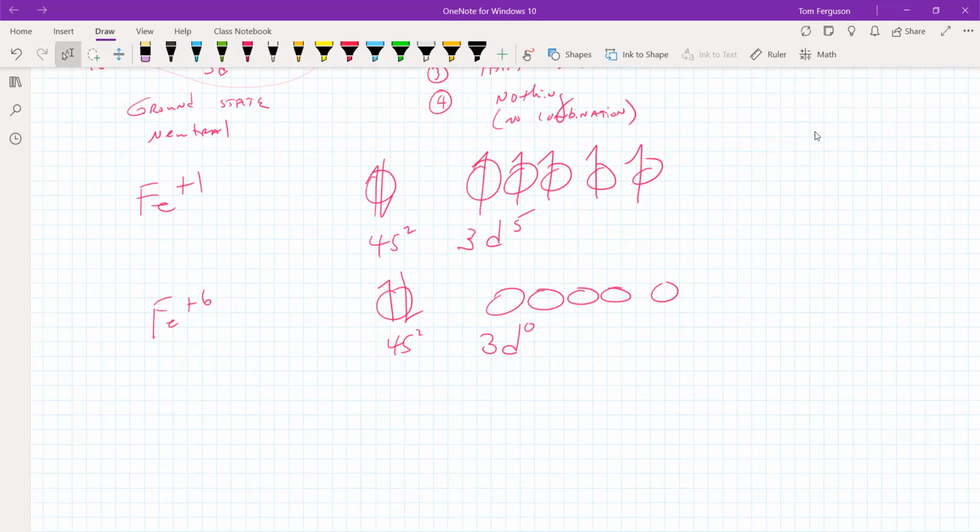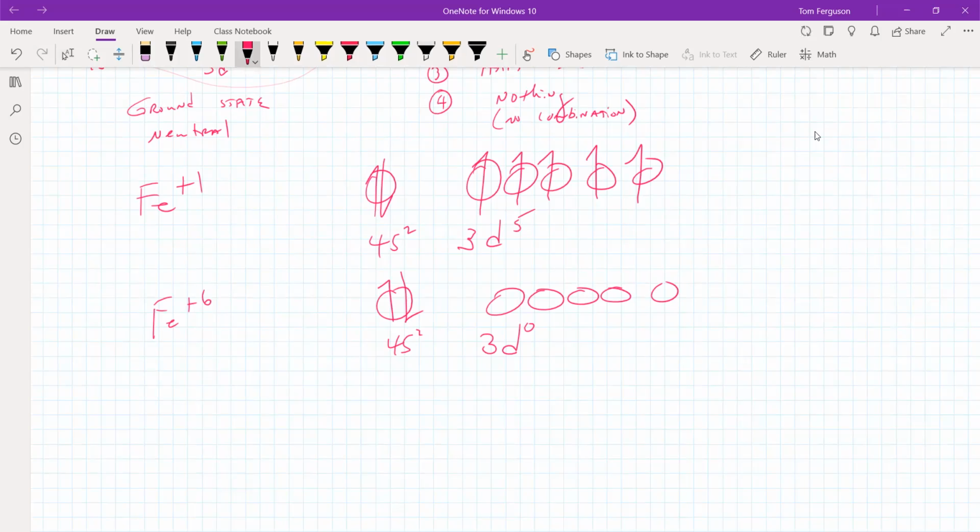What else? Yeah, -4, where you basically just fill in all the shells. Oh, I thought you said -1. No, I said that. And metals usually don't form anions. They usually form cations.